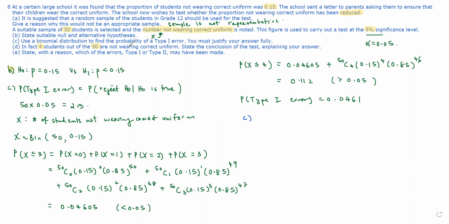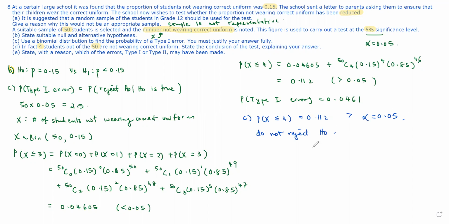We see that 4 out of 50 are not wearing correct uniform. Probability X less than or equal to 4 is 0.112. This is greater than alpha, which is 0.05. Then we do not reject the null hypothesis.